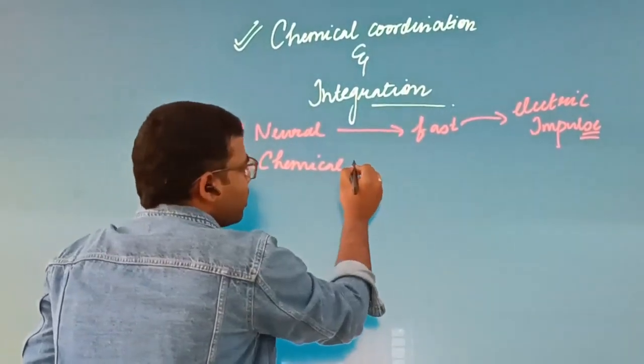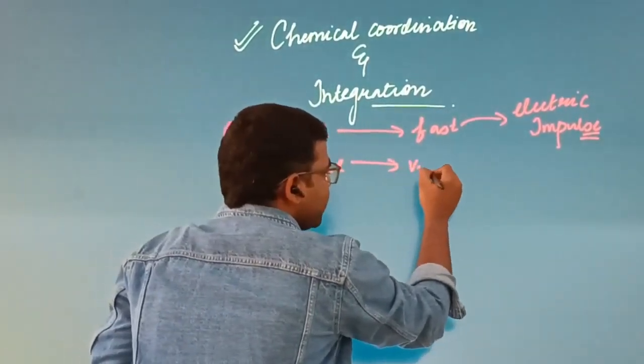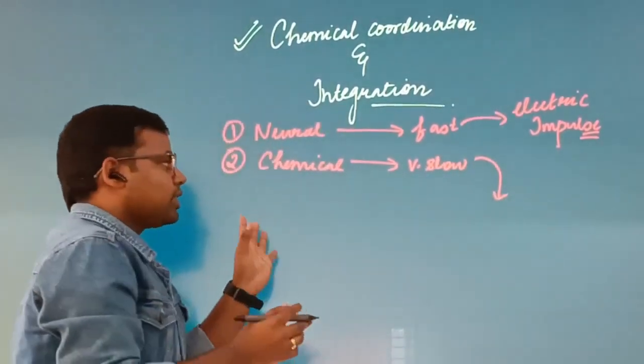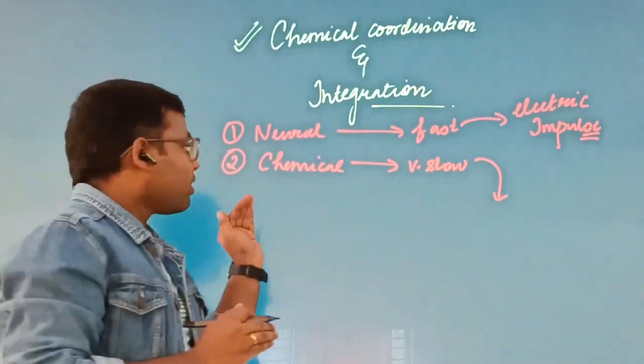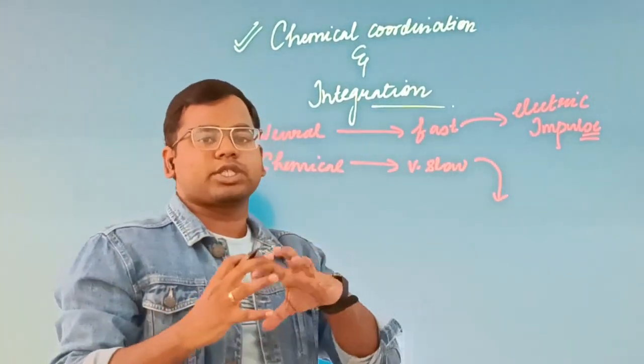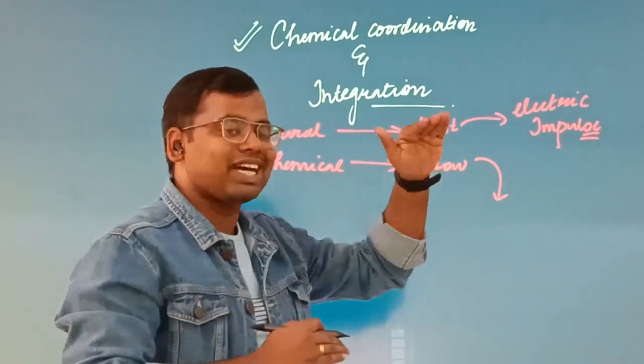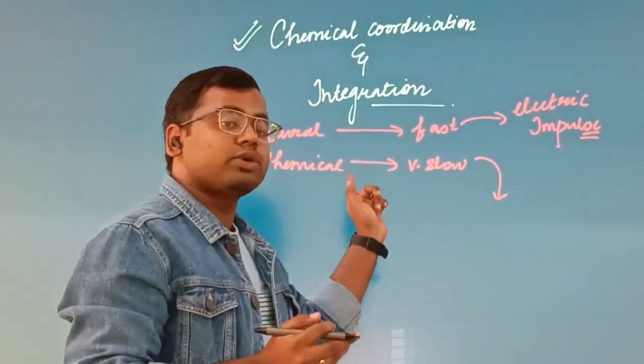Talking about the chemical coordination, it is very slow because these chemicals in our body are released from specific structures called glands into the blood. From the blood it goes to the target site where it actually shows its function.